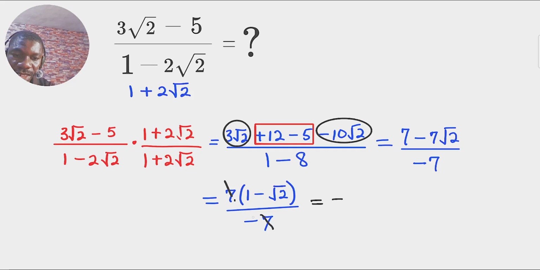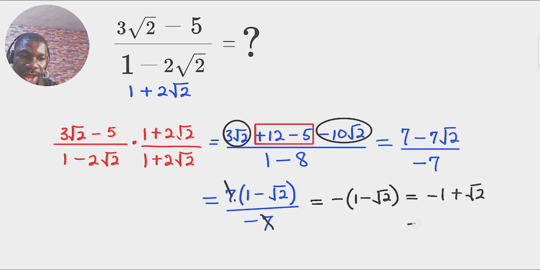Take note of this negative here. So here we have negative, then into 1 minus root 2. Okay, so this gives us negative 1 then plus root 2, which we can rewrite as root 2 minus 1.